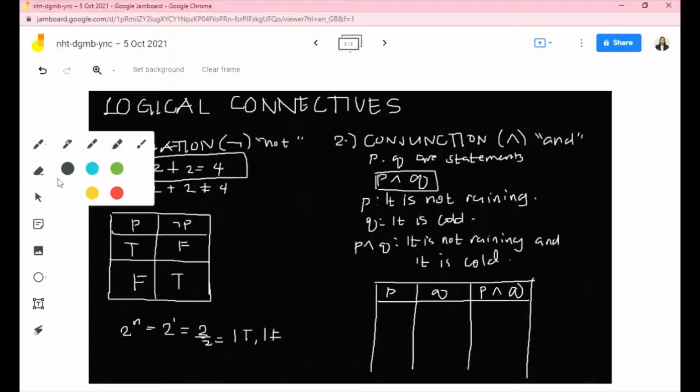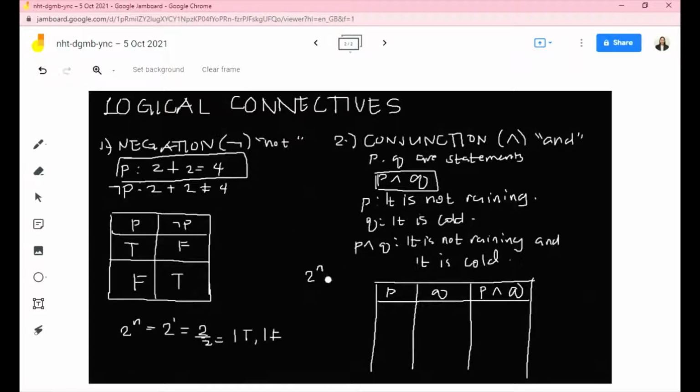How many rows will we be making? Again, use the formula 2 raised to n, that's equal to 2 squared, because we have two variables here, P and Q. So this gives us 4. It means we will be making 4 rows: 1, 2, 3, and 4.